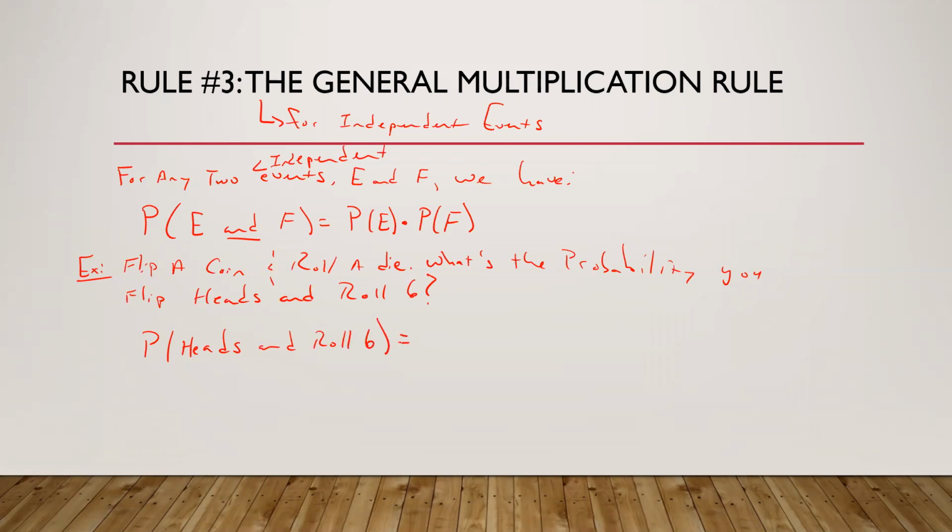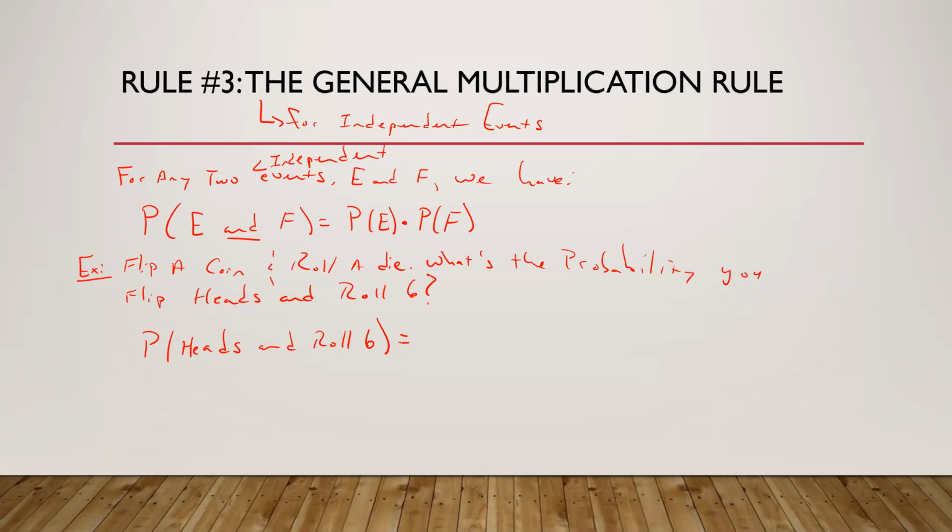Did we do this problem already in class? Have we done it a bunch? Yeah. What should the answer be? 1 out of 12. So we know the answer should be 1 out of 12.